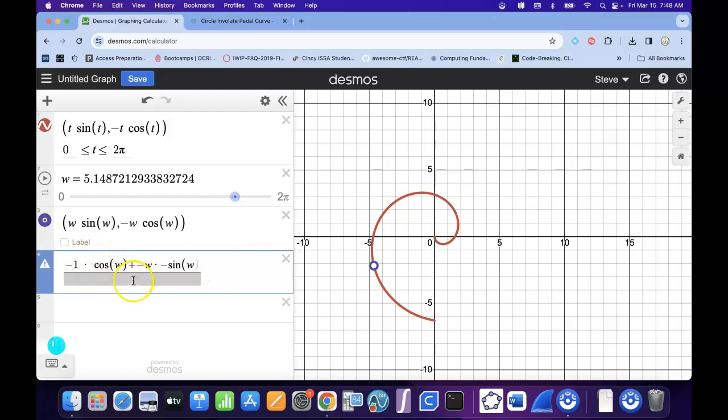And I don't need to simplify that because it's going to work out. Now I'm going to do the derivative of the x-coordinate. So the derivative of w is 1 times sine of w plus w times the derivative of sine, which is cosine. And I'll put the w in there.